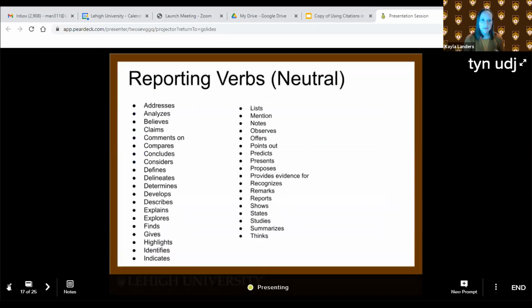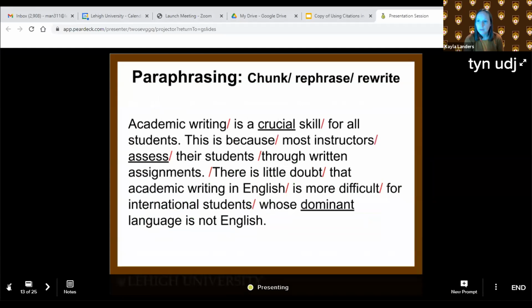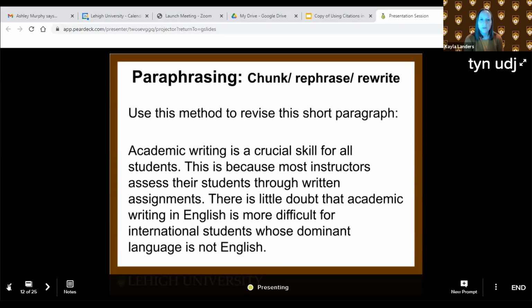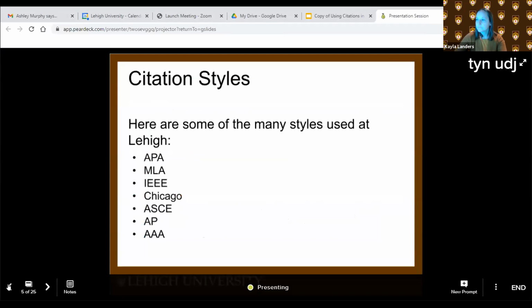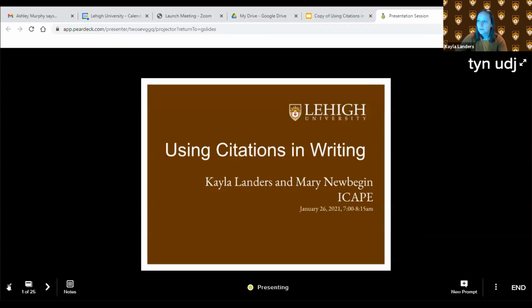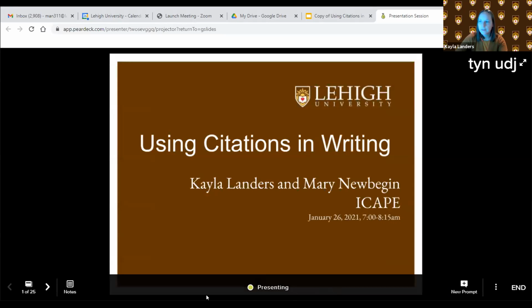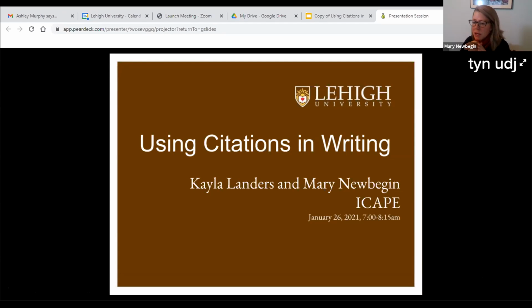Of course, citations are a lot of work, and we'll continue to bring it up in different formats, like Mary mentioned, and continue to address it in different ways to help with citations. So we have a full slate of workshop opportunities for you. Consider joining us in the spring.